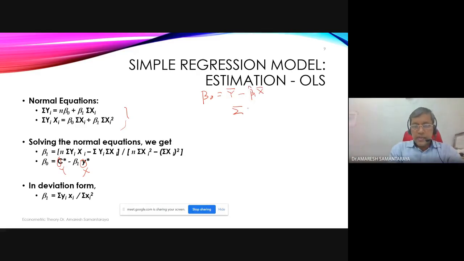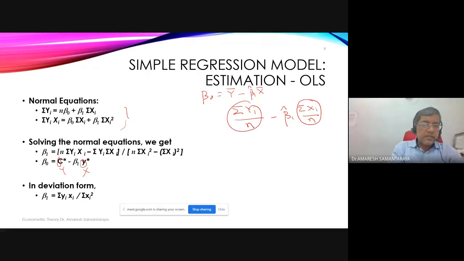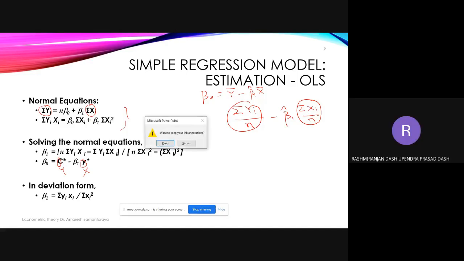Y mean is summation y over n, minus beta 1 hat times summation xi by n. So from here you are getting those means. Summation yi and summation xi are somewhere here, so from there you will get it. You try, okay?